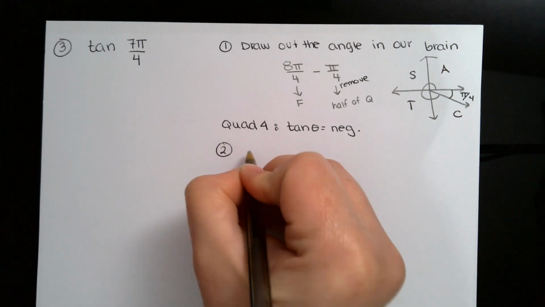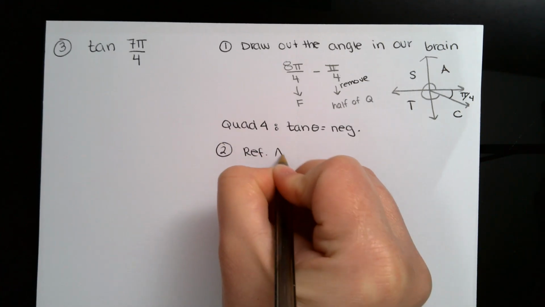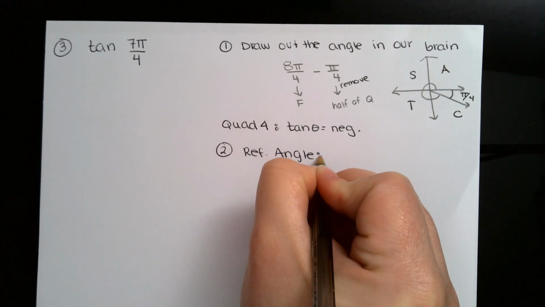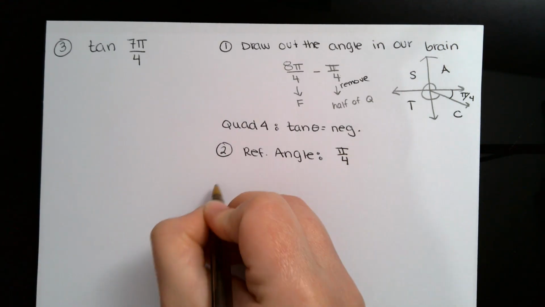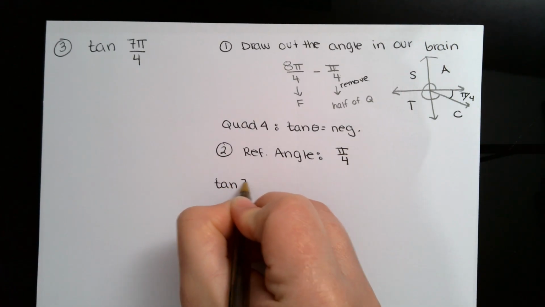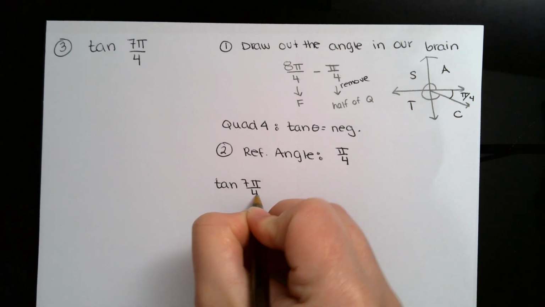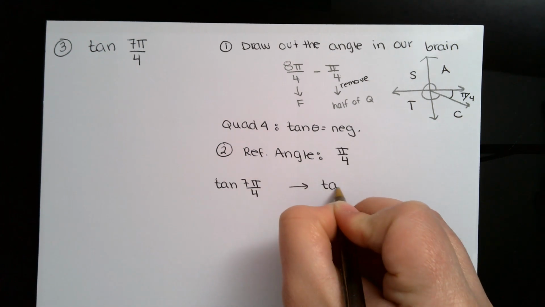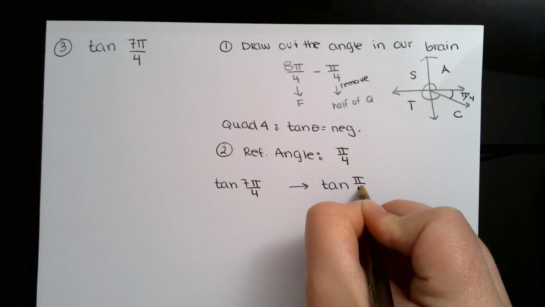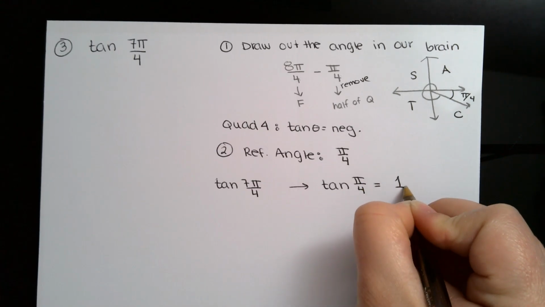So now we're looking at our reference angle. Reference angle to 7 pi fourths is 1 pi fourth. So we have 2 things. We have tangent of 7 pi fourths. This is our given. Our reference angle is pi fourths. Tangent of pi fourths is 1.